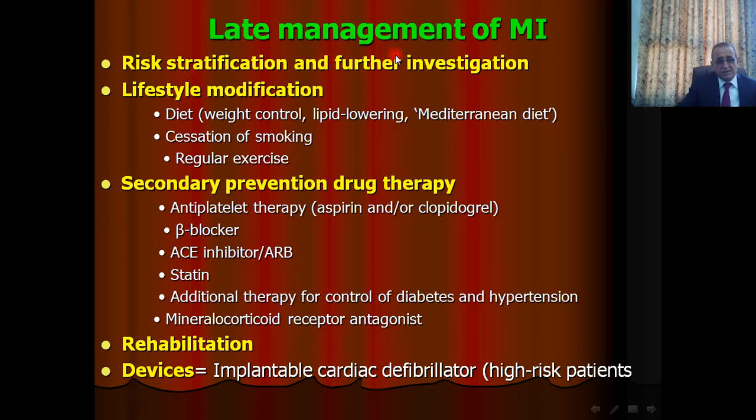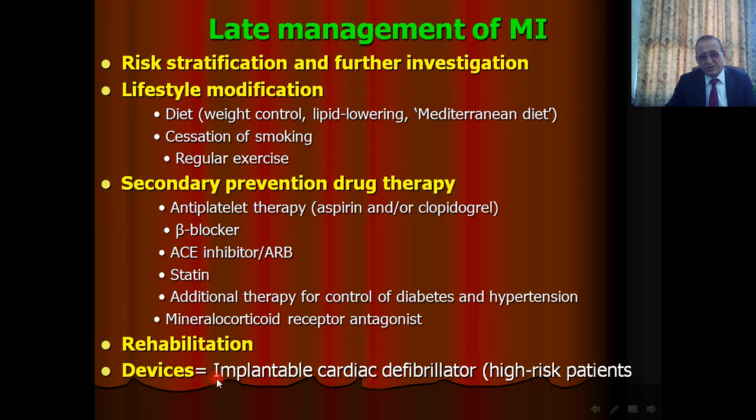Then secondary preventive therapy should continue, especially for atherosclerosis: antiplatelet, beta blockers, ACE inhibitors, and statin, and sometimes control of diabetes and hypertension, and sometimes mineralocorticoid antagonists. Rehabilitation and device. This is for patients with acute myocardial infarction and low ejection fraction heart failure. They are liable for ventricular arrhythmias and sudden death. You can prevent this by implanting a device called cardiac defibrillator. This is called implantable cardiac defibrillator.